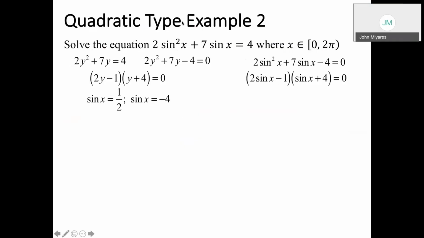Now, in this second equation, I'm hoping that you'll see right away that this is going to cause us some problems because the inverse sine of -4 doesn't exist. The domain of the inverse sine function consists of only numbers between -1 and +1. So you cannot construct a reference triangle that is going to have a sine ratio bigger than 1 or less than -1.